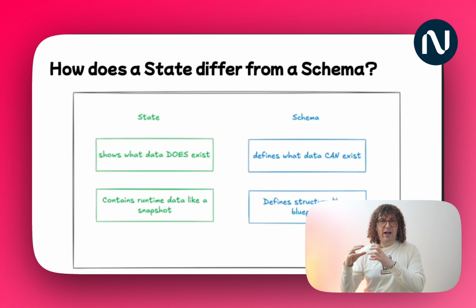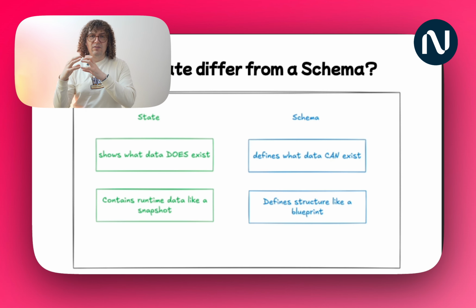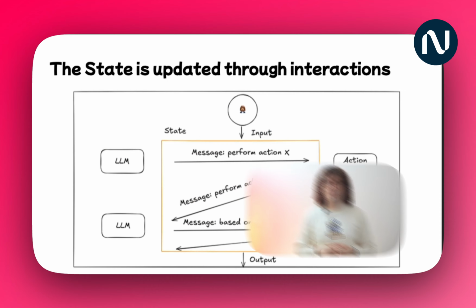We see here how schema is more of a concept, whereas state is the actual instance. The state contains runtime data like a snapshot, whereas the schema defines the structure like a blueprint.